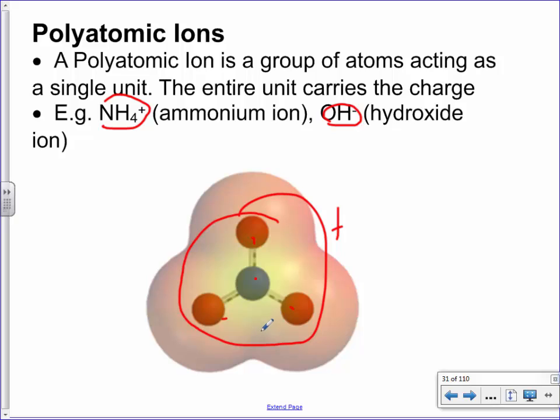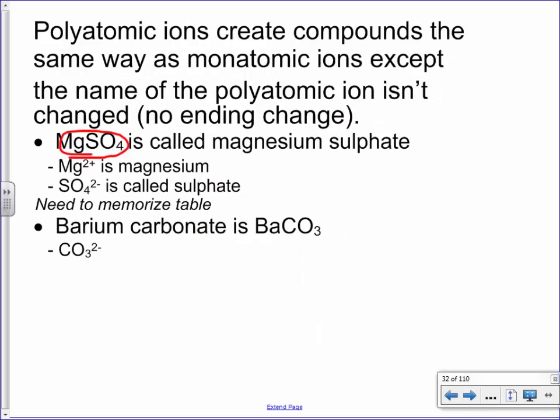Why don't we have to put ions here? We don't want to change the names of some of them because the -ide endings already exist as a name for the basic ones. Because if you change it to -ide, then you know how you have a sulfate? If you change it to sulfide, sulfide is already something else. Does that make sense? So if it's one of these guys, just name it as you see it.